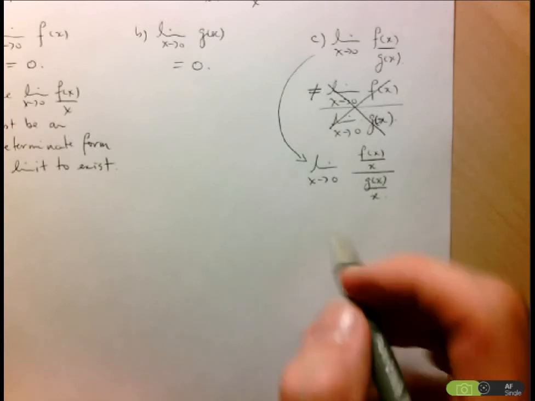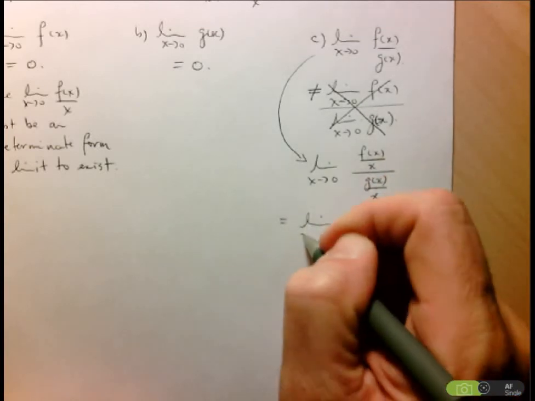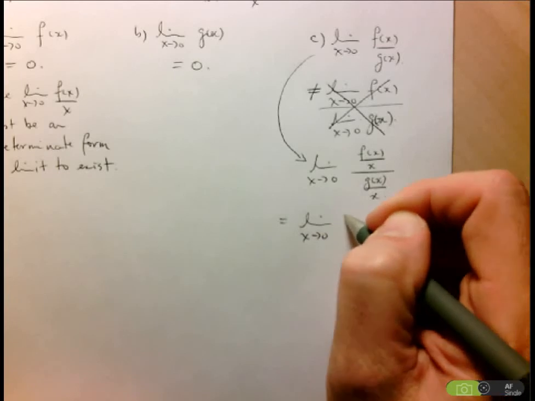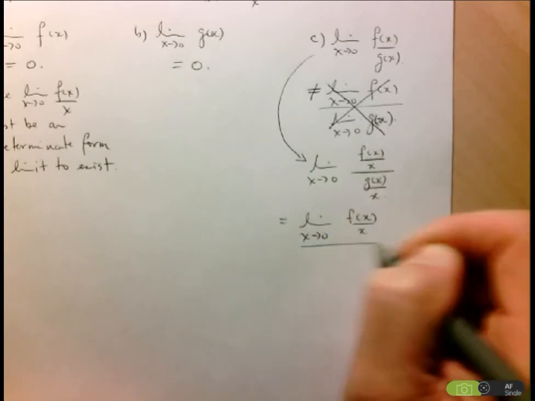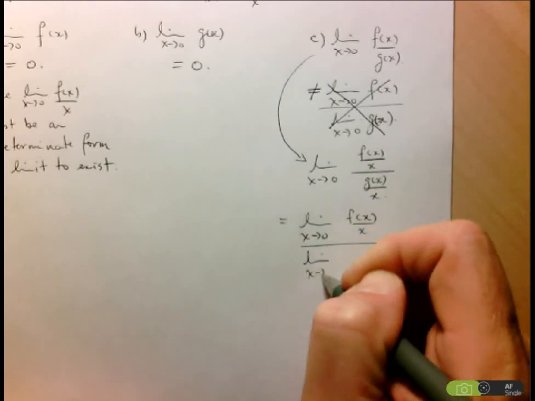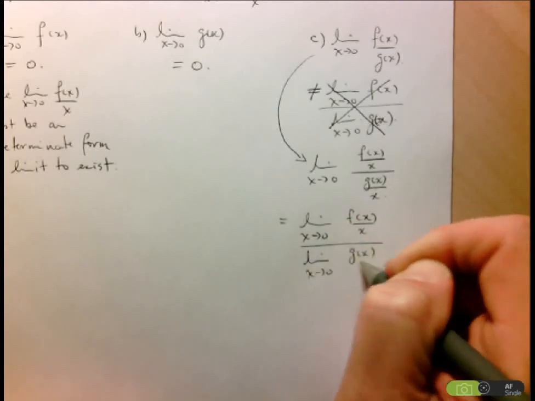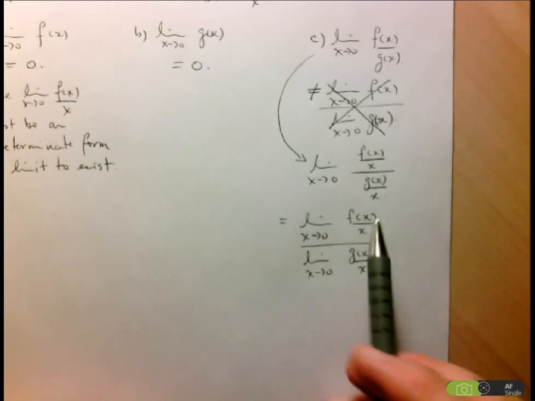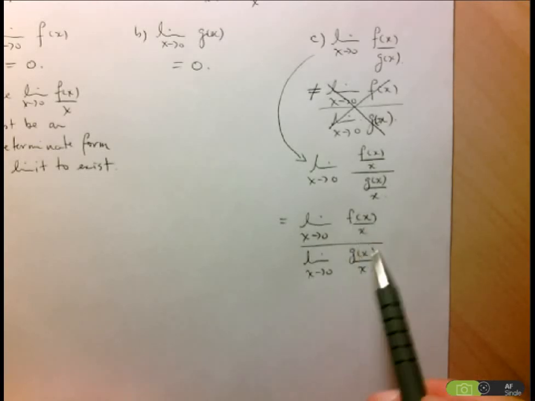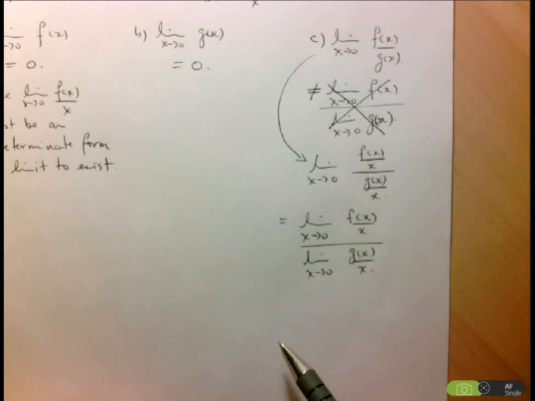So I can rewrite this as the limit as x approaches 0 of f of x over x divided by the limit as x approaches 0 of g of x over x. Again, please keep in mind, I can only do this because both limits exist and the limit of the denominator is not equal to 0.